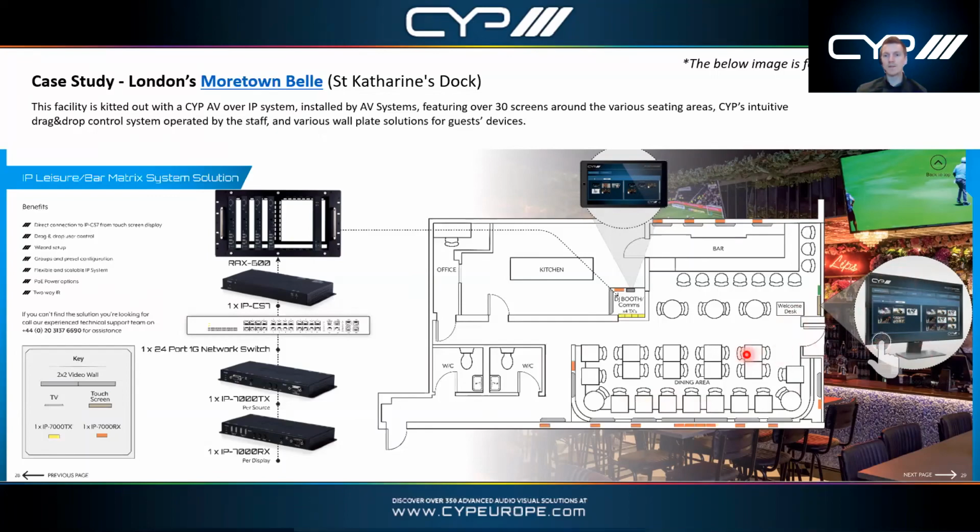So effectively in this scenario, when you walk into this sports bar, you're greeted by the staff, you pick a table or you're given a table, and then they can give you access to certain sports channels if that's available in your local seating area. All done again using the CYP IPCS7 controller.